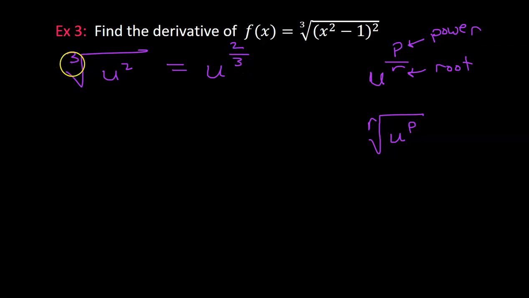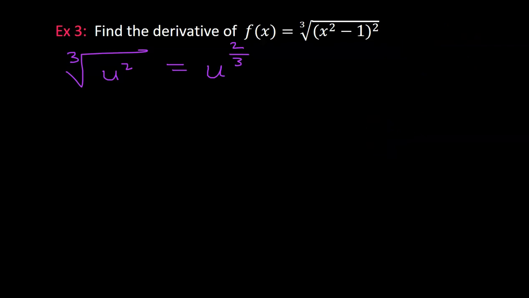And you see we have cube root and the power is 2. So power over root becomes 2/3. Now notice that that's just what we have for this problem right here. 2 is the power and 3 is the root.